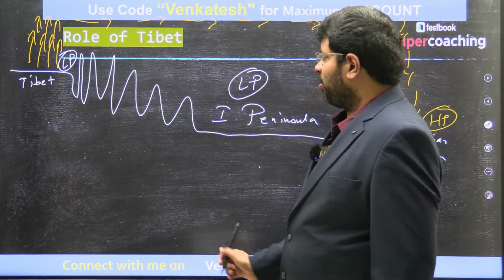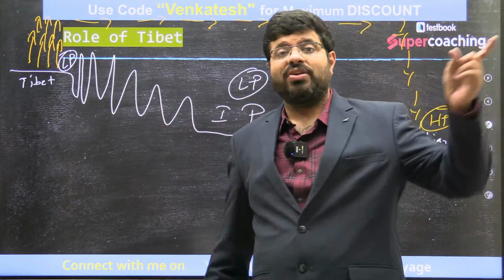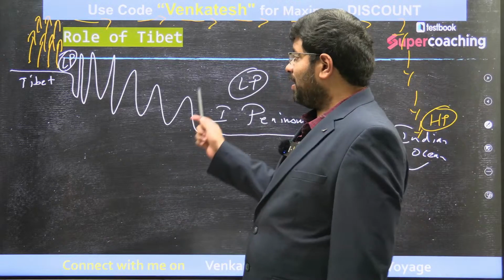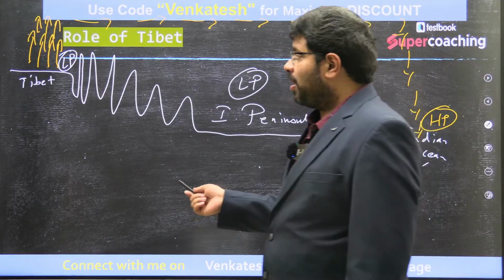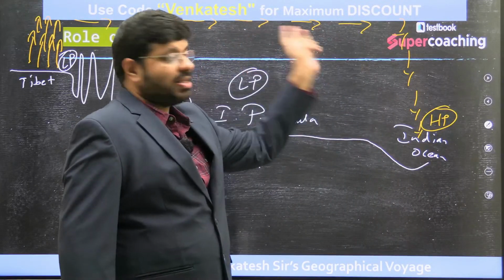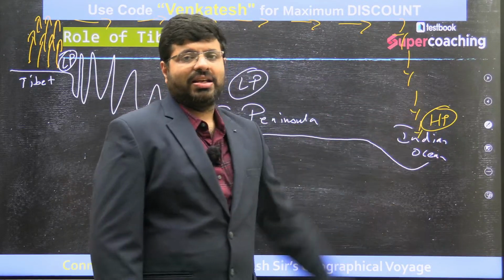Exactly at this point of time, the subtropical westerly jet stream disappears. You can check another video where I have discussed the monsoon's mechanism in detail. Exactly the disappearance of the subtropical westerly jet stream and favorable factors for development of the tropical easterly jet stream lead to high pressure conditions in the Indian Ocean.